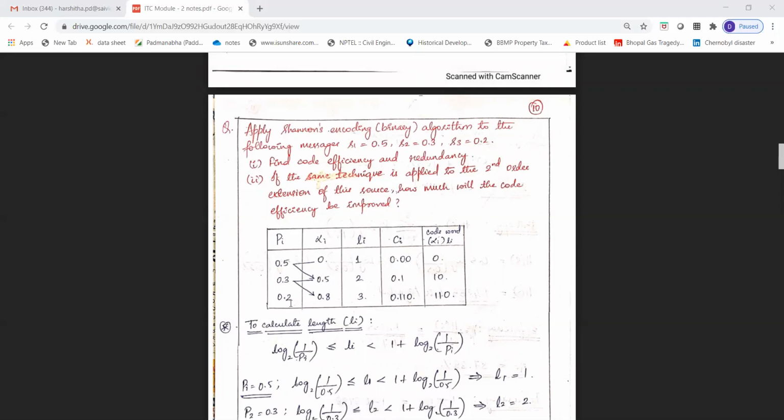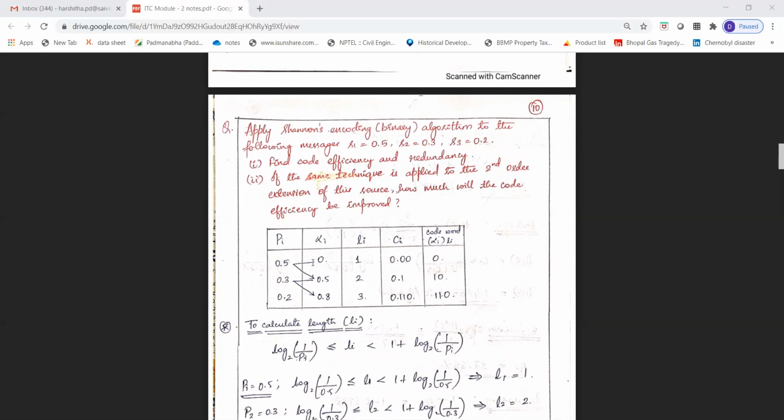So what are these? These are nothing but the probabilities of the three symbols, right? So write Pi, and in the next column write alpha i. Alpha i for the first value of probability will always be 0. So first I'll enter 0 here. Next, how will I find the second value?